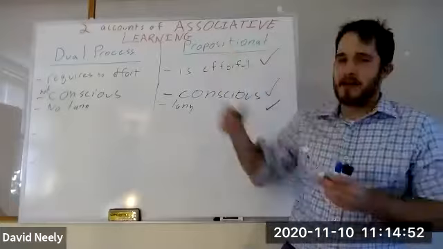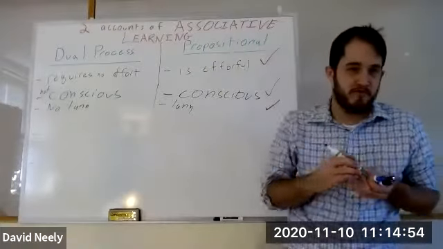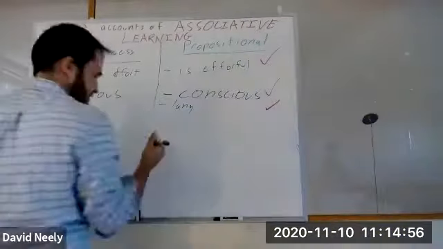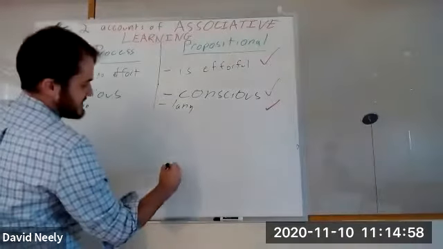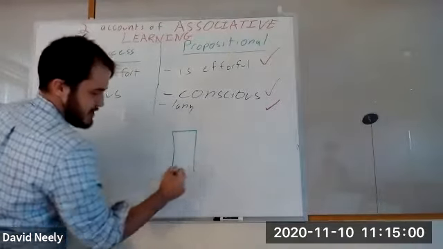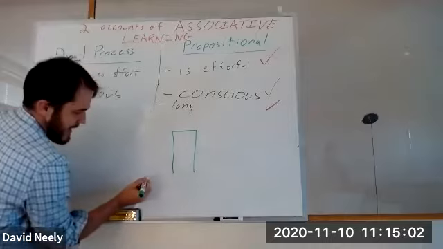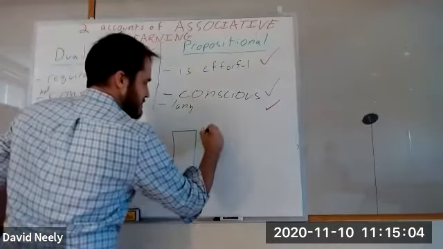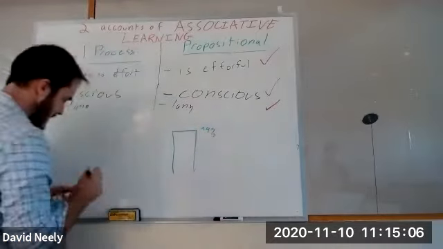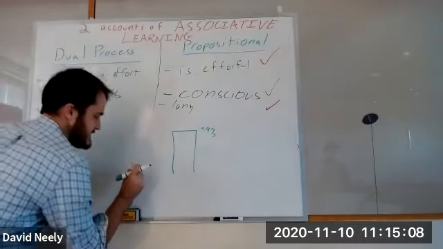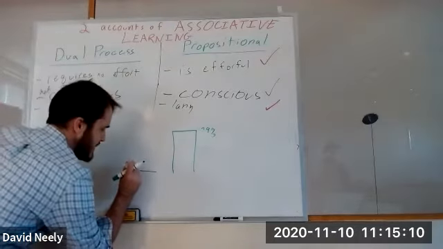So what a dual process theorist would say about that beep test, the Dawson beep test, is that a propositionalist is saying it requires, say, this much energy, like 99%, while a dual process theorist is going to say it's maybe 1%.